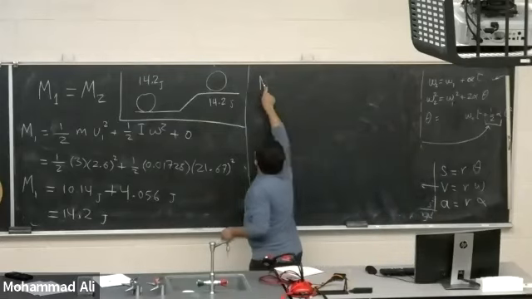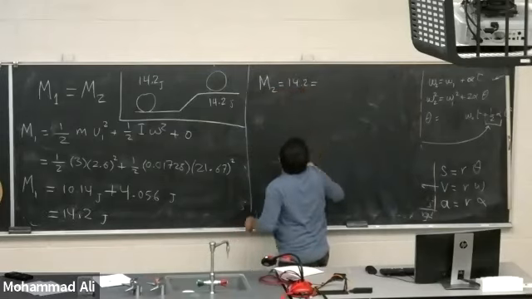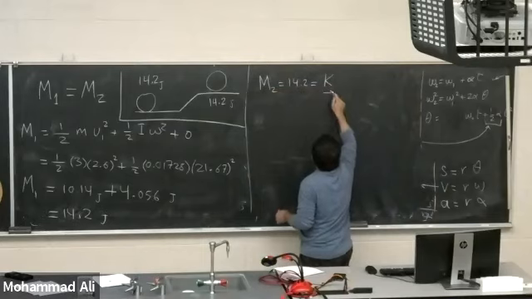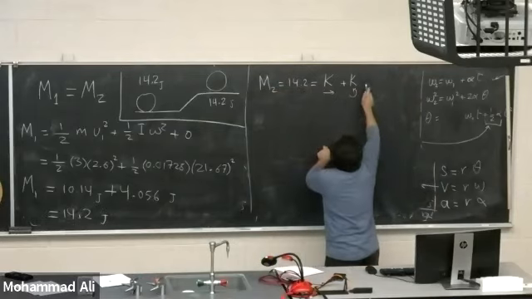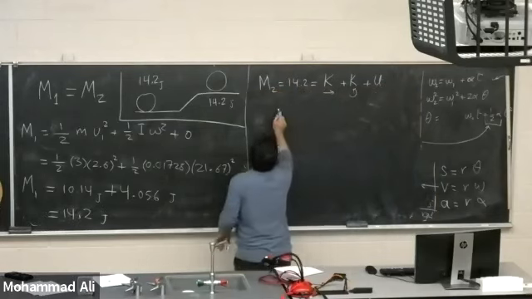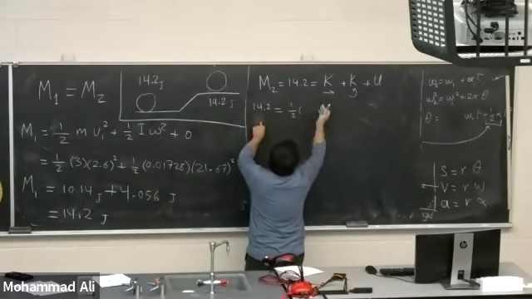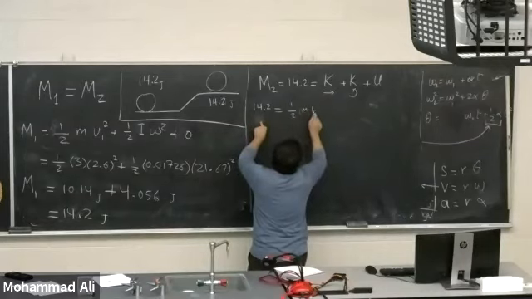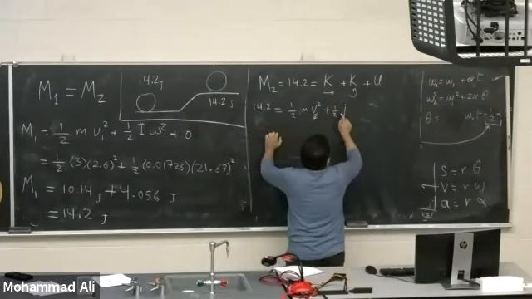Okay, mechanical energy finally is equal to 14.2, which is equal to the linear kinetic energy plus the rotational kinetic energy, plus the potential energy. It is not zero now. This will be equal to 14.2. 1/2 multiplied by the mass multiplied by the velocity 2 squared plus 1/2 I multiplied by omega 2 squared.